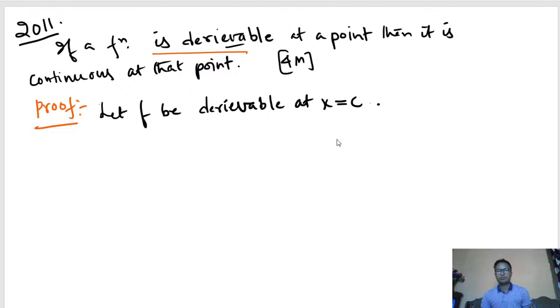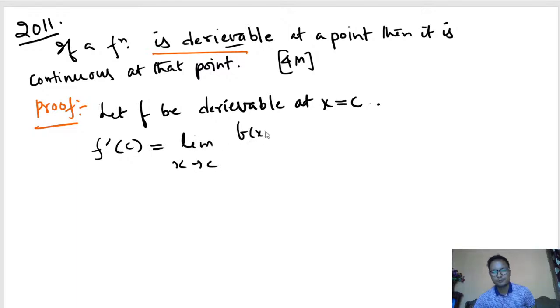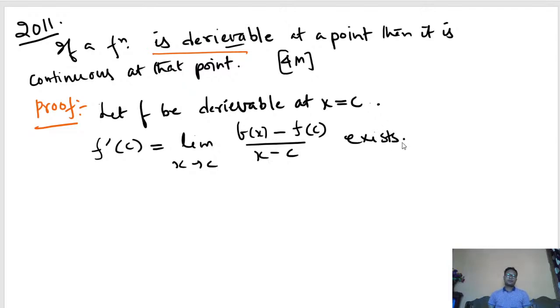So then f prime c is the limit as x tends to c of (f(x) minus f(c)) divided by (x minus c), and f prime c exists.